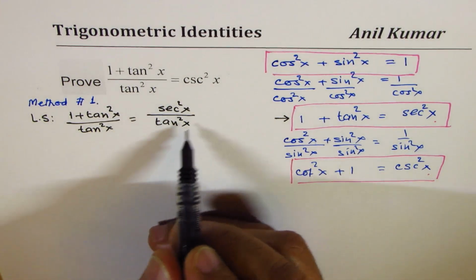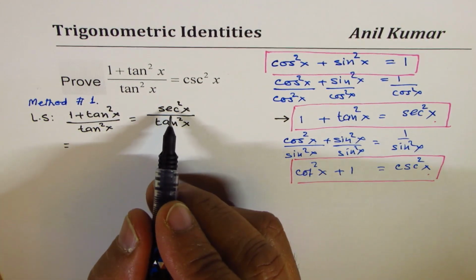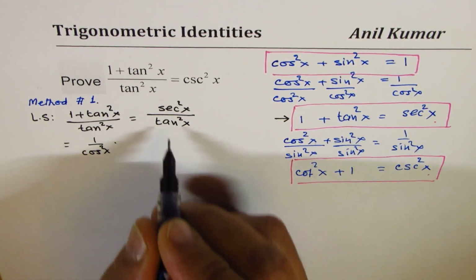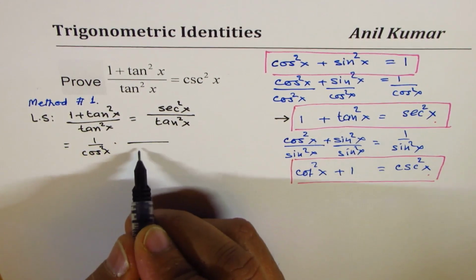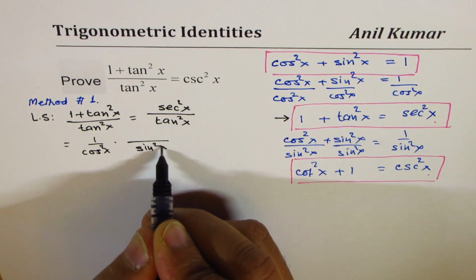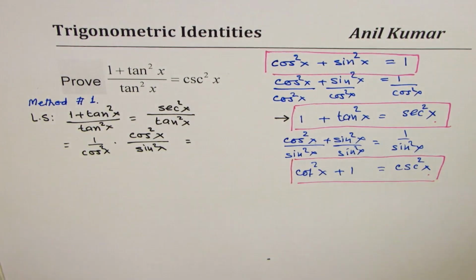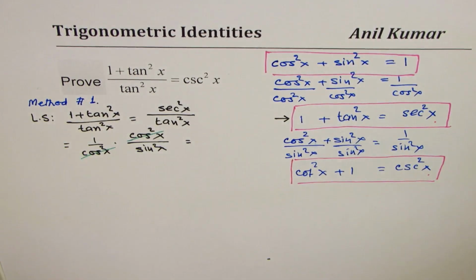Now we could write them in terms of sine and cosine. Secant square x is 1 over cos square x, and tan is in the denominator, so we'll write sine square x over cos square x. Now from here clearly you can see that cos square x cancels.